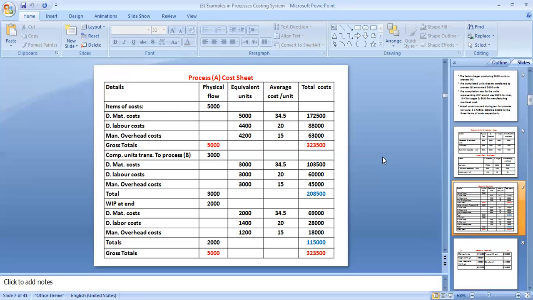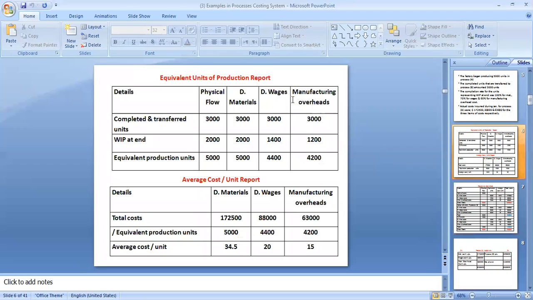That's why, when you are solving, please try to solve using the live lecture method I explained to you, not this one, even though both are right. But when he added the two columns of direct wages and manufacturing overhead under one heading called conversion cost, it is not wrong.